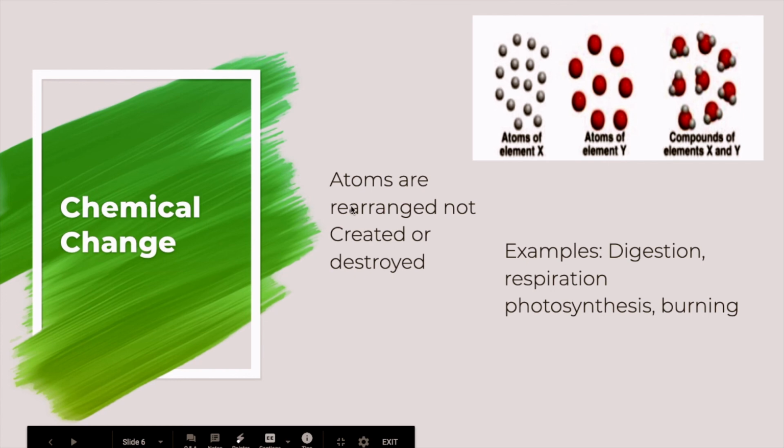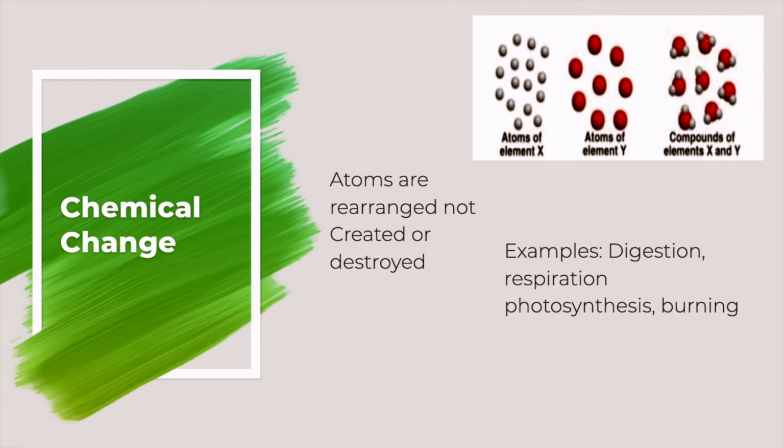Remember, a property is something that you observe, and a change is when you start with one thing and end with another. A physical property or change is something that you observe and you still have at the end. Imagine a physical change is like an ice cube melting from solid to liquid.